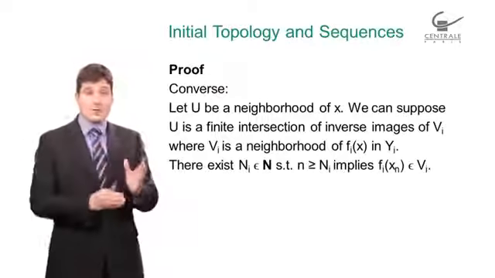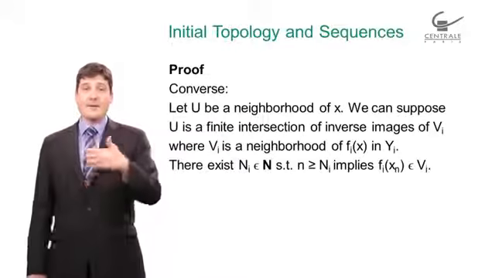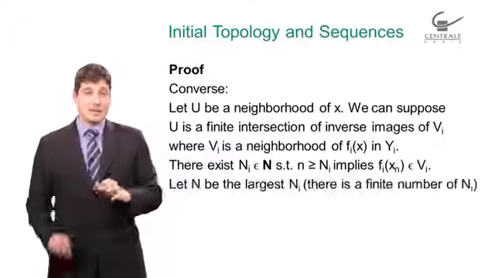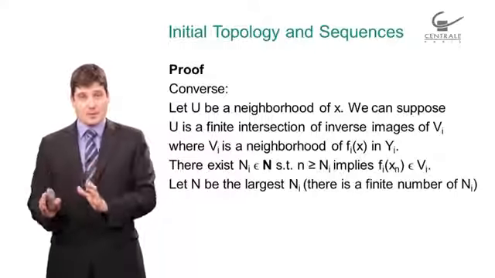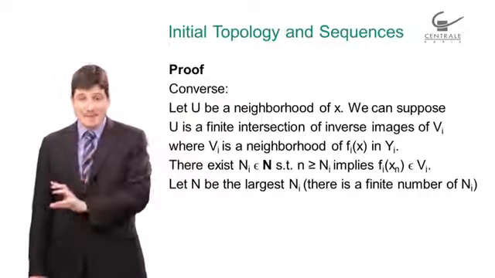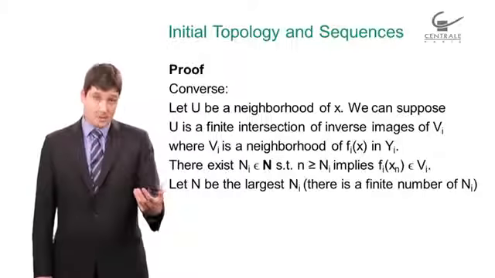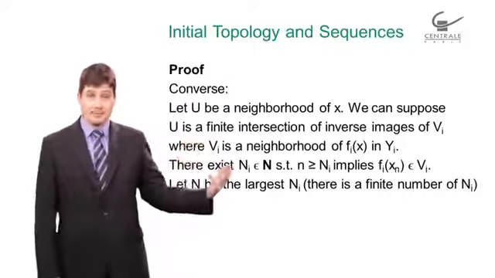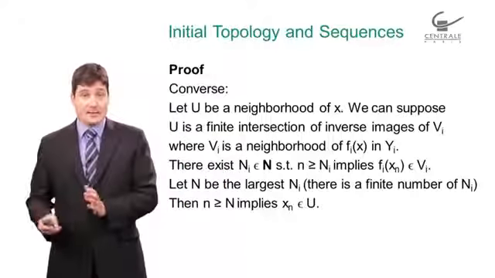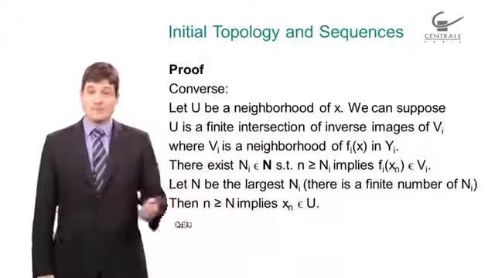So for n greater than Ni, we have Fi of xn in Vi. Now because we have a finite number of intersections, we have a finite number of Ni's, therefore I can choose the largest one, and I will call it capital N. Now when I pass N, therefore I pass all of the Ni's, then xn will be in U. And this concludes the proof.